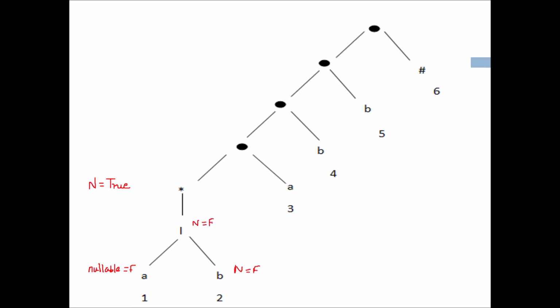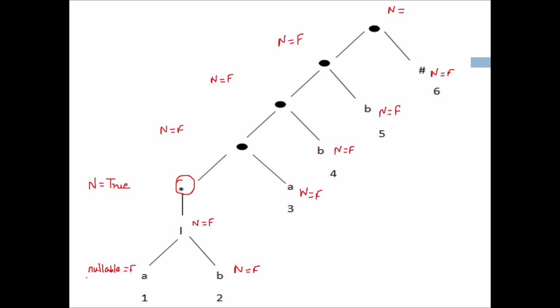So we have to write false corresponding to nullable of every node. So we are allotting annotation to every node in the graph, in the tree. So everywhere the value of nullable will be false. For every node it is false except for the star node.